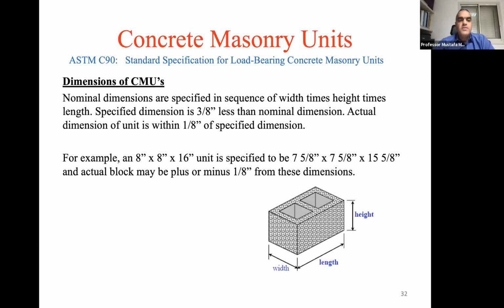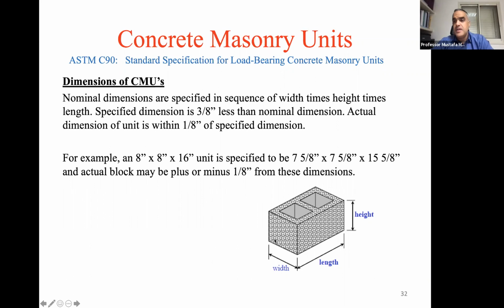So for concrete masonry, the ASTM specification for it is C90. This is something that typically we show on the drawings. So this shows the dimensions for the masonry block that you are using. So typically, for example, if it's an 8-inch wall, we'll use 8 by 8 by 16. These are nominal dimensions.